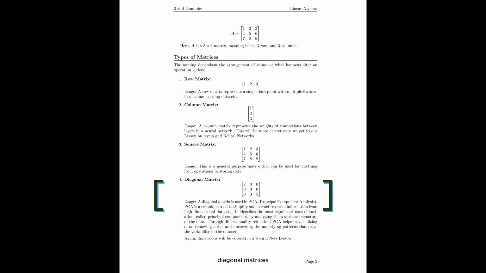Diagonal matrices have some very useful properties that we can use for data manipulation and operations. And one example of where we can use a diagonal matrix is in a process called principal component analysis. This is a process that involves reducing the dimensions, or condensing the information that we have on a matrix.